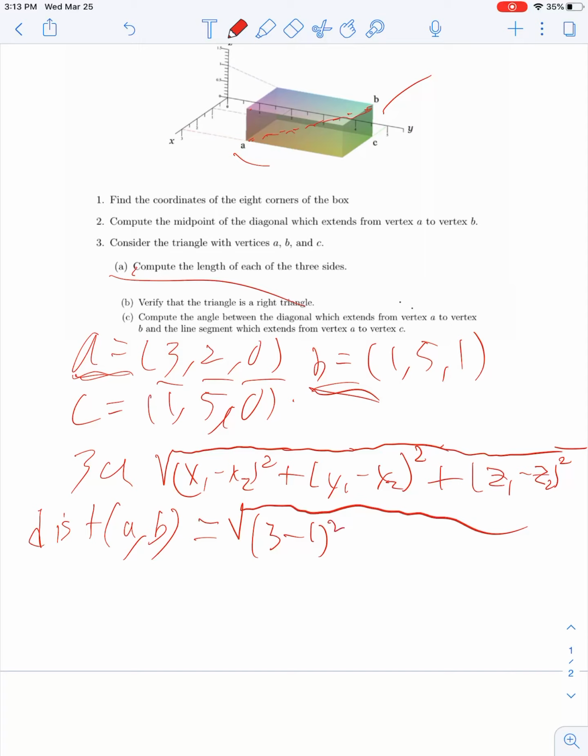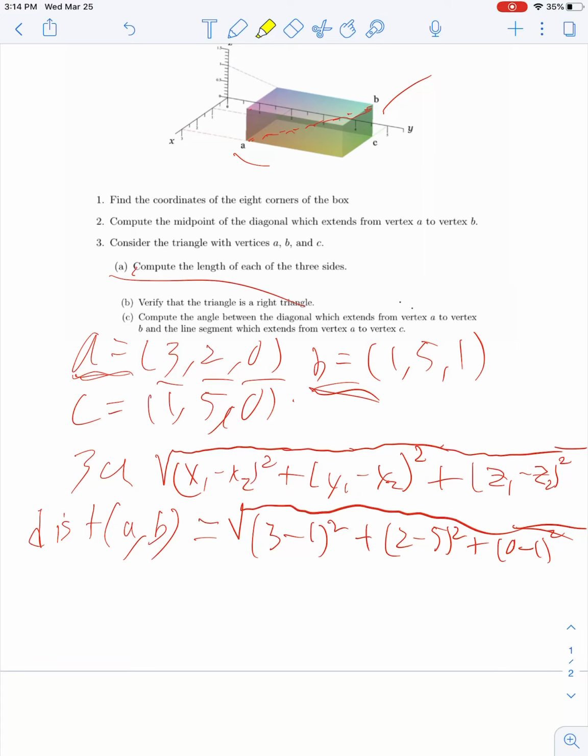So we get 3 minus 1 squared plus 2 minus 5 squared plus 0 minus 1 squared. And the square root of that whole thing.